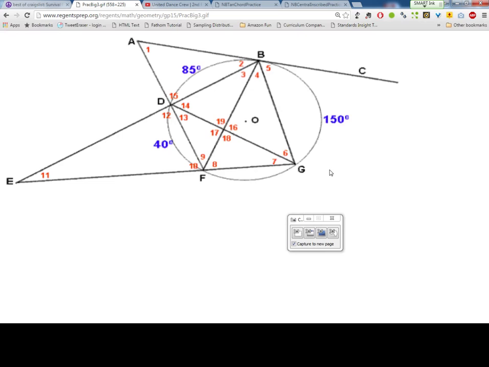Look, because here's what I know. I know there's 360 degrees in a circle, right? So that means this arc here is simply the difference between 85, 150, and 40. So how much is this arc? That's 75. But see, here's how you start. It goes one piece by one piece. I've got that, right? That's going to give me angle 4, because angle 4 will be half of that, won't it?